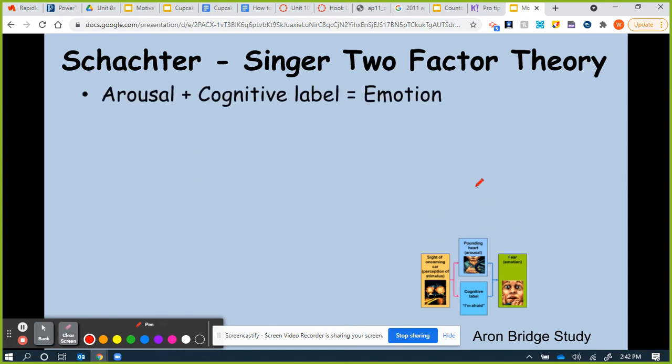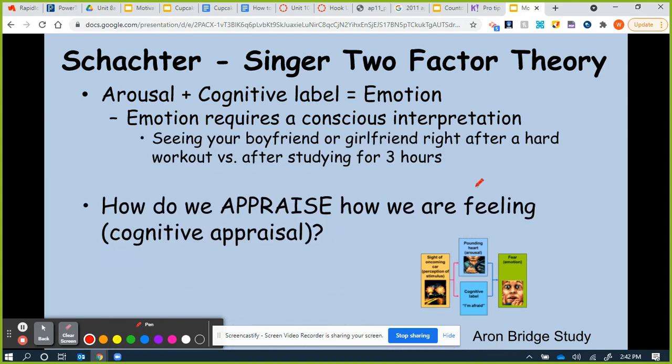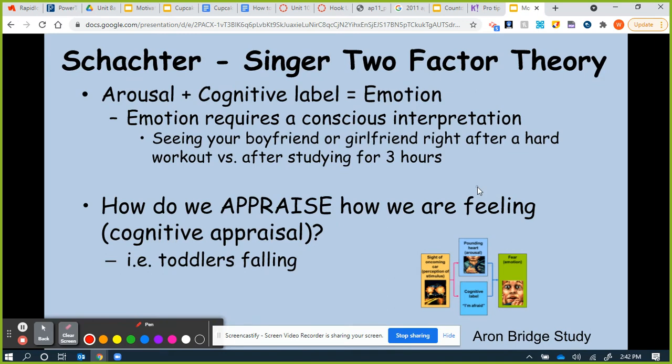Schachter-Singer two-factor theory. What this theory basically says is that emotion is a combination of physiological arousal plus what is called a cognitive label.